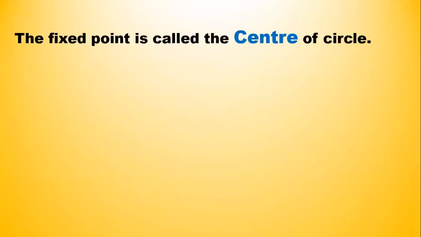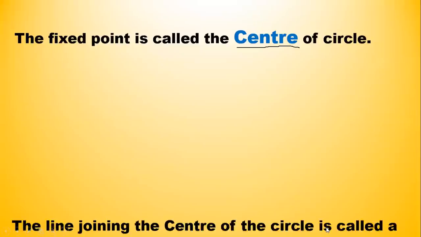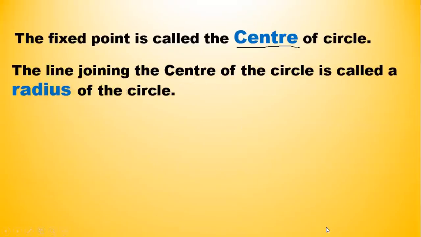Now, the fixed point is called the center of the circle. This way we can see the definition of the parts. The fixed point is called center of circle. Line joining the center of the circle to a point on it is called radius.